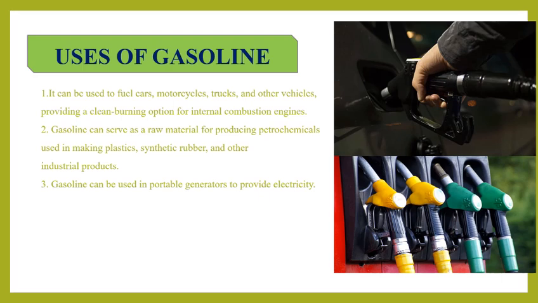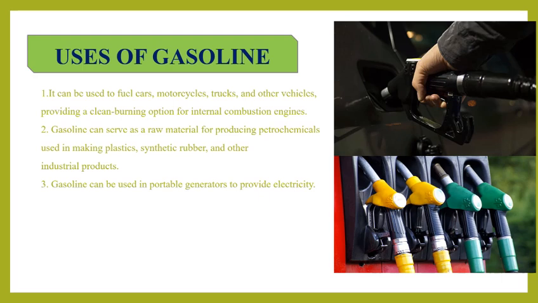Okay, so uses of gasoline. One, it can be used to fuel cars, motorcycles, trucks, and other vehicles. Two, it serves as a raw material for producing petrochemicals, making plastics, synthetic rubber, and other industrial products.